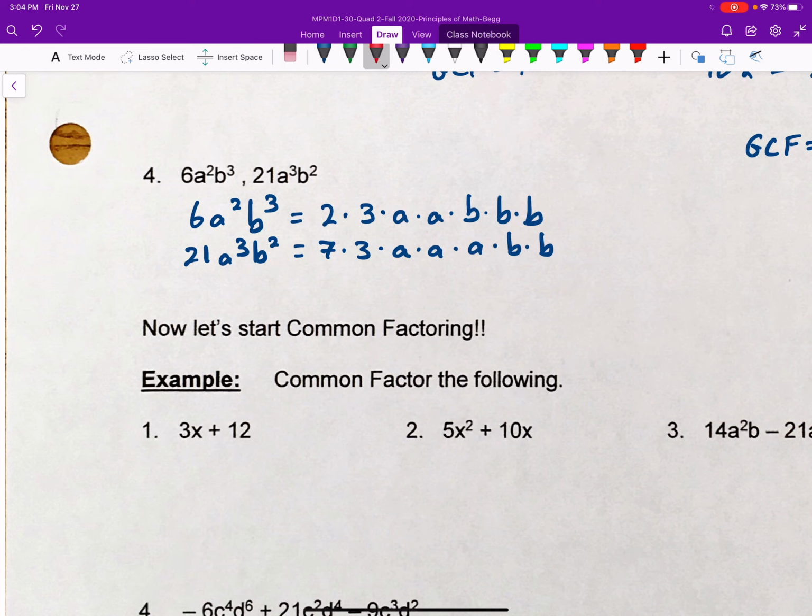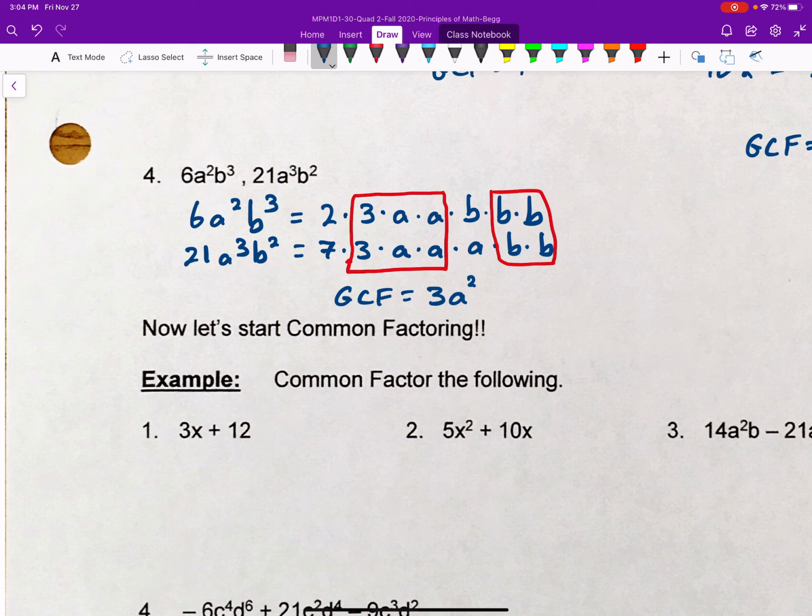If we figure out what's the same in both of these, we've got this 3, and 2 of the a's match up for each of these, and 2 of the b's also match up. If I was to take all of that, then the greatest common factor would be 3, and then 2 a's, a times a is a squared, and 2 b's would be b squared.